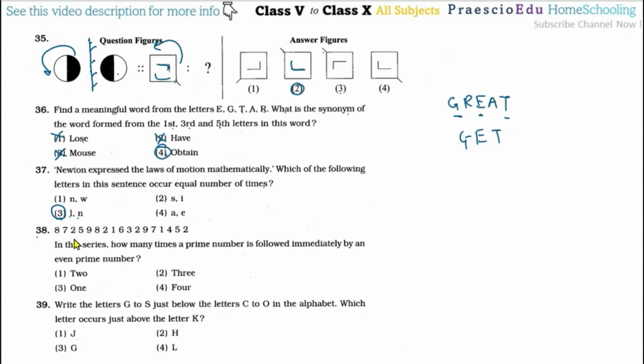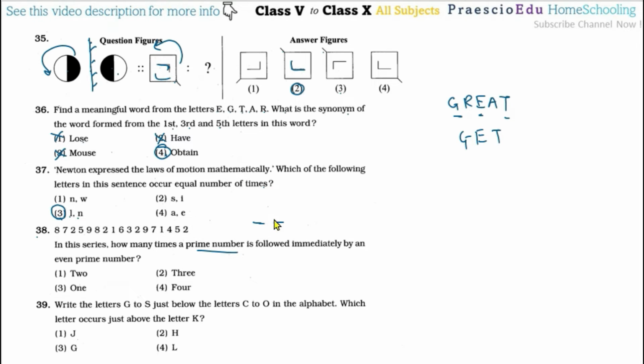Question number 38. In this series, how many times is a prime number followed immediately by an even number? Which is the even prime number?